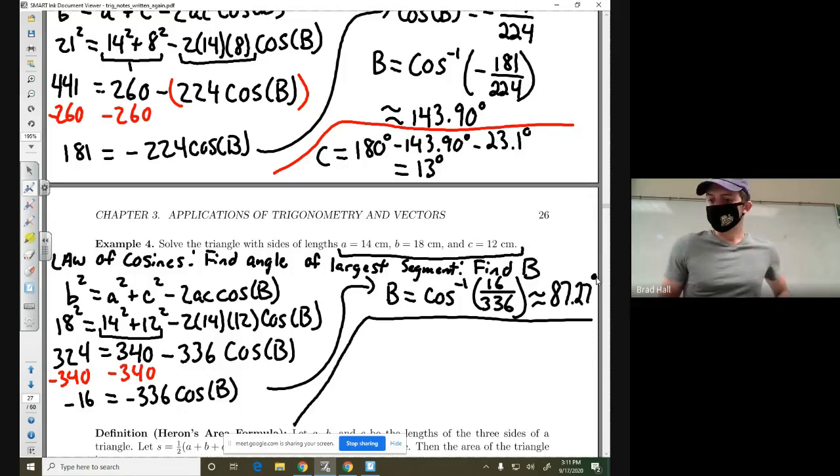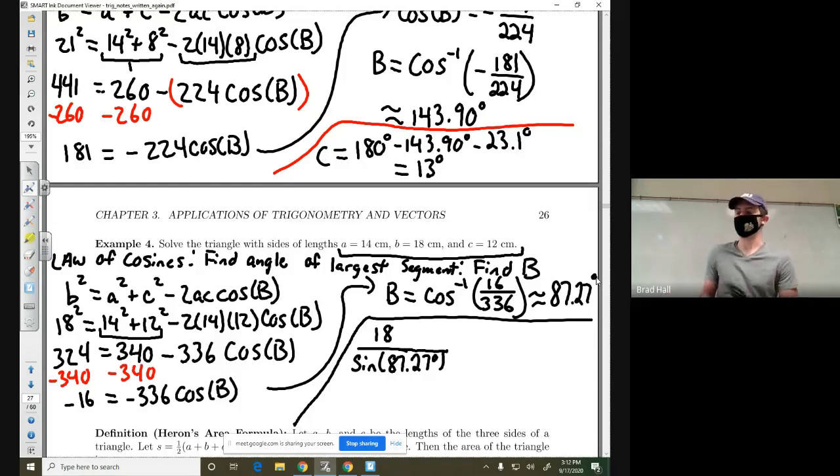But now we figured out this angle. Now we have a completed ratio. And the reason why I'm corresponding 87.27 to 18 is because little b is 18.